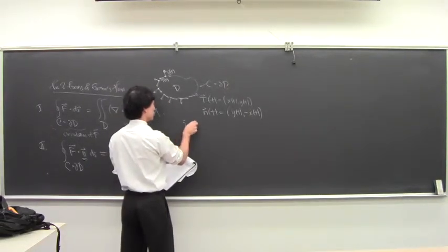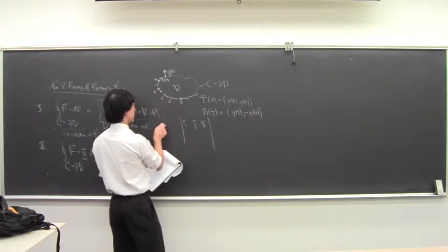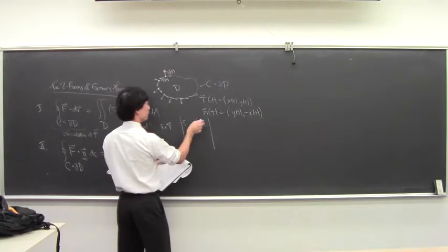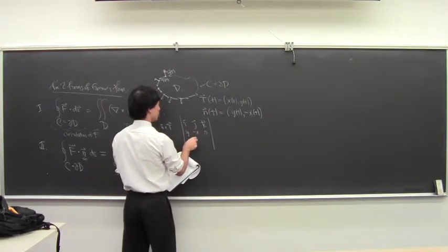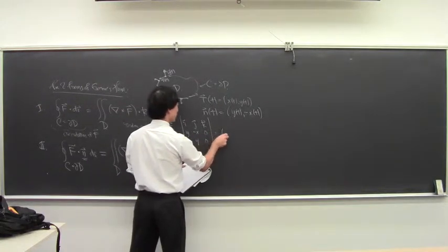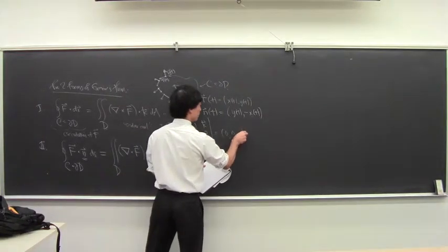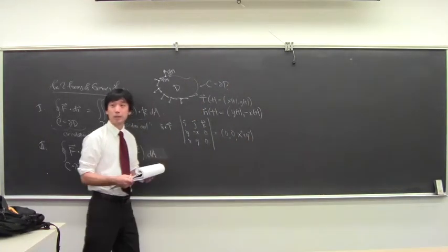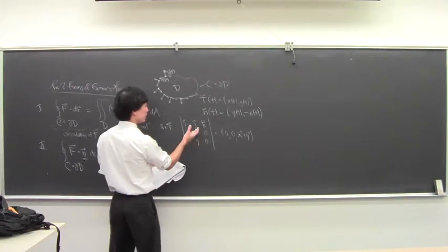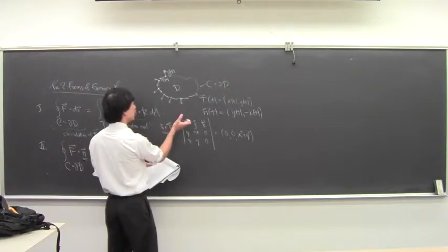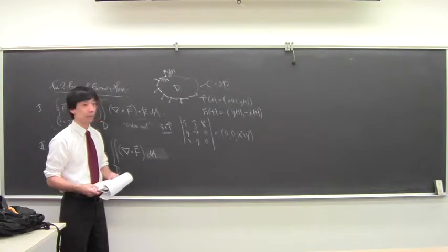Let's take the cross product n cross t: (y, -x, 0) cross (x, y, 0). You see that what you get is (0, 0, y squared minus minus x squared), so x squared plus y squared, which is good. That shows that n cross t is going upwards, and so it looks like we do have the right direction for the unit normal.